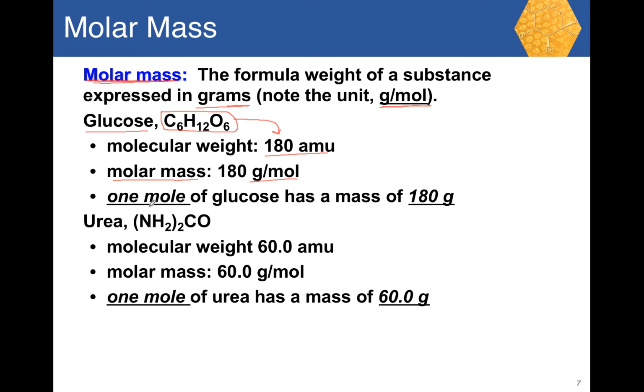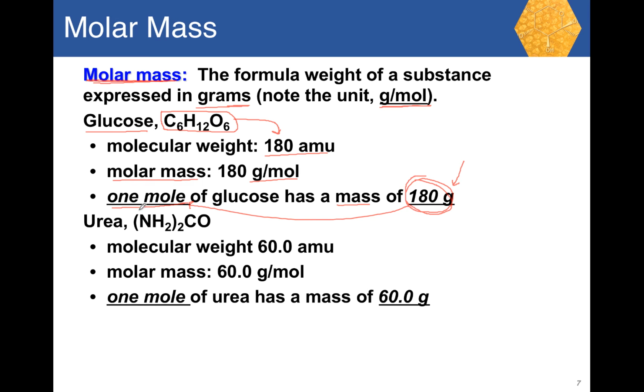What this is really saying is that 1 mole of glucose has a mass of 180 grams. So let me repeat it in a different way. If you have 180 grams of glucose, it is 1 mole of glucose. Another way of stating that, 1 mole of glucose weighs 180 grams. So that's called the molar mass.